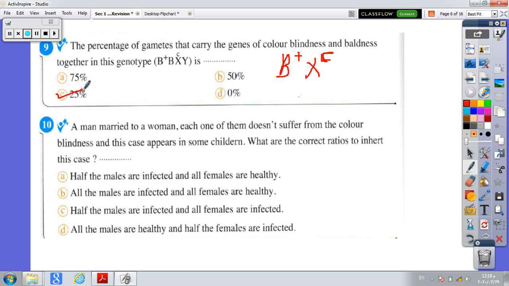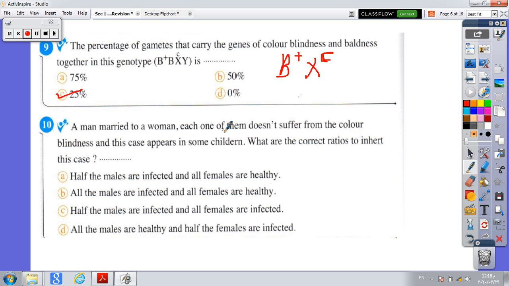Number 10, a man married to a woman. Neither of them suffers from color blindness, and this case appears in some children. What is the correct ratio to inherit this case?